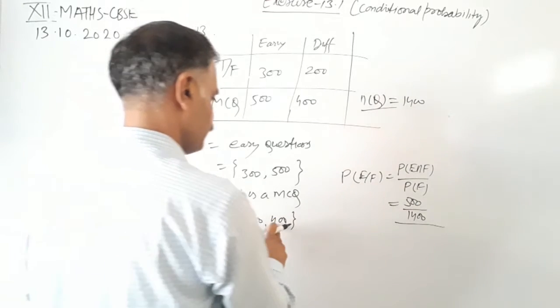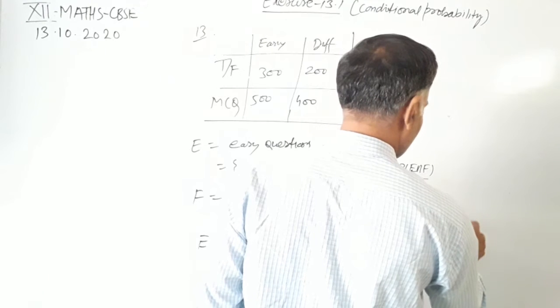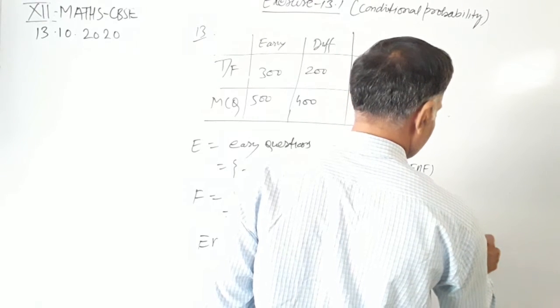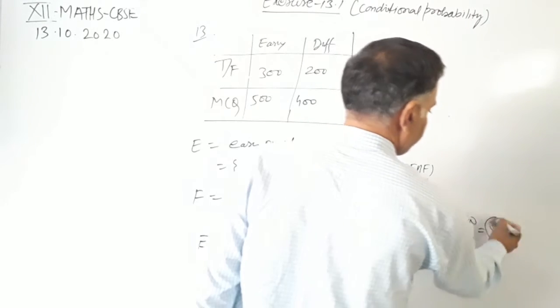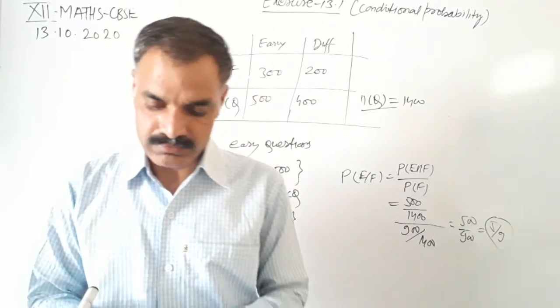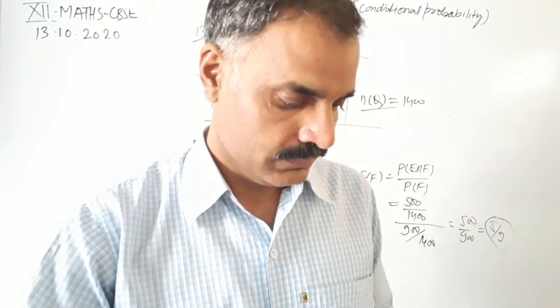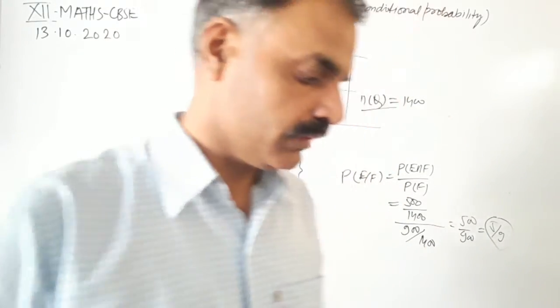P(F) is 500 plus 400, 900 upon 1400. So this is 500 upon 900, equals 5 upon 9. So 5 upon 9 is the answer. This was question number 13. Now let us take question number 14.